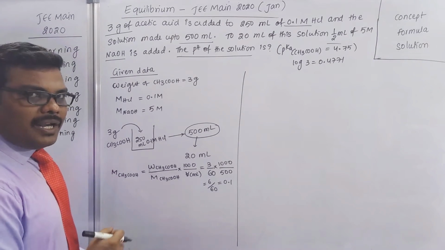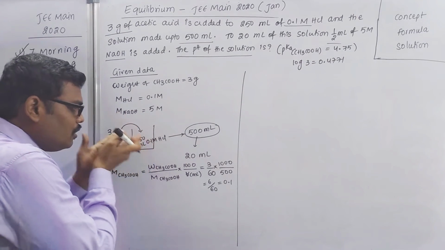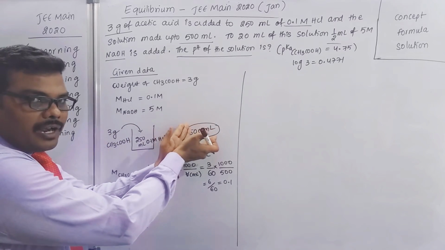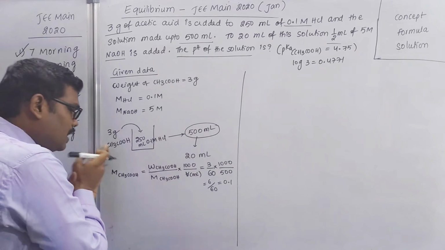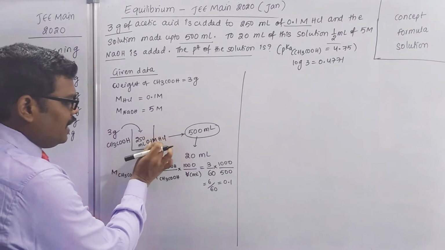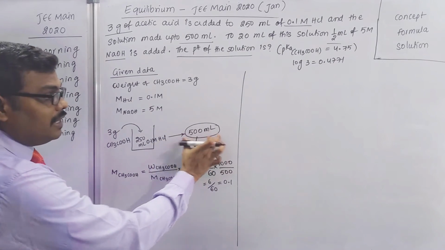So what is the molarity of acetic acid? 0.1. Remember, there is no specific volume, but this 3 grams is added to 250 ml of HCl and this 250 ml is made up to 500 ml. So this 500 ml becomes the volume of both acetic acid and HCl. Now we can calculate HCl concentration in 500 ml.